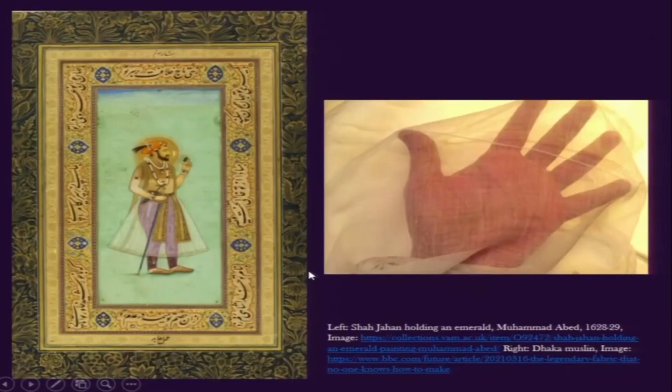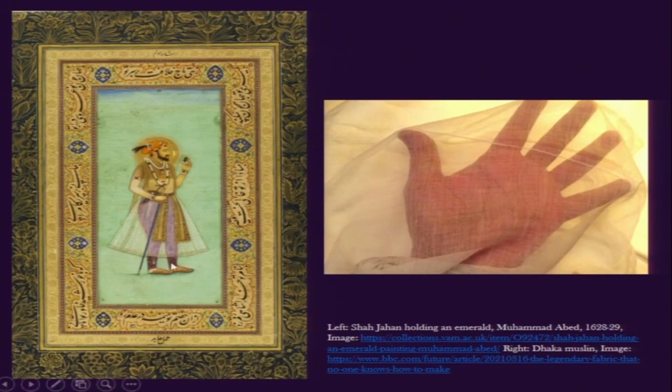Now what we find is how this kind of fabric is then implemented in paintings or visual representations. On the left side of the screen, we have an image of Shah Jahan, drawn in the Mughal court by Muhammad Abid, son of Akhariza, in the early 17th century.